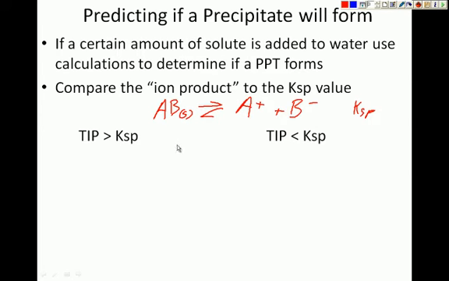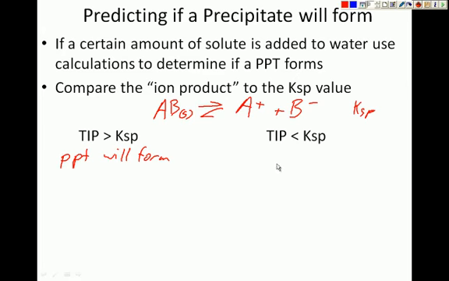How we know that is, if the trial ion product, or this times this, is greater than the Ksp, then a precipitate forms. So again, if the amount that we throw in there, the trial ion product, is greater than the Ksp, a precipitate will form.